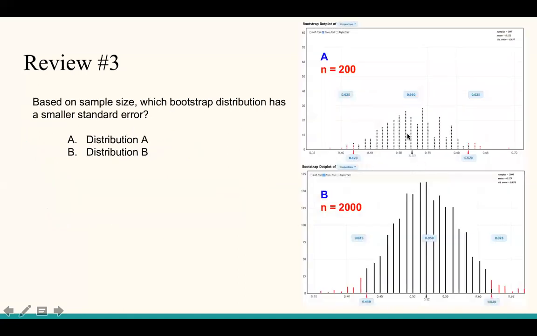All right, and the last review. This is just a sample size question. I discussed earlier the relationship between sample size and standard error. Based on that, which bootstrap distribution has a smaller standard error?